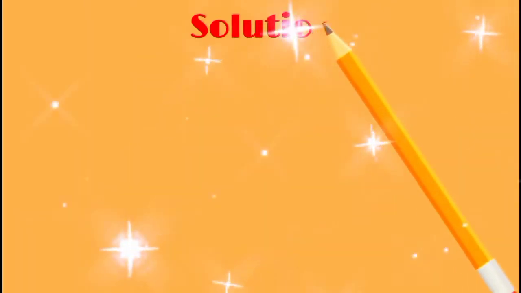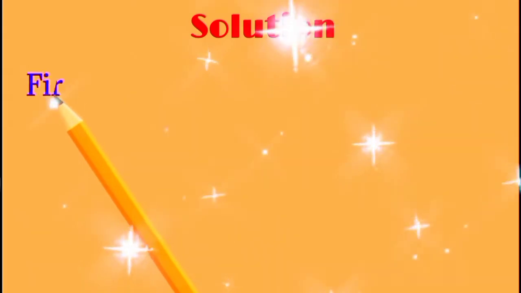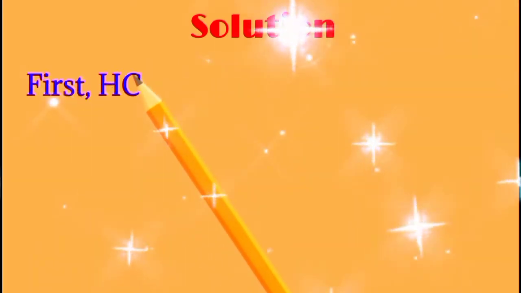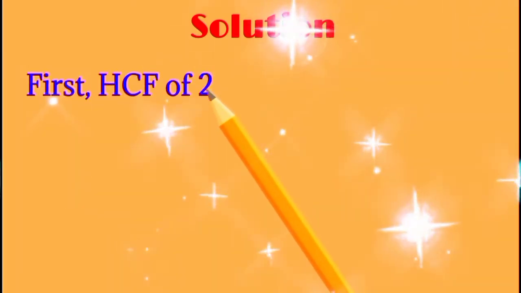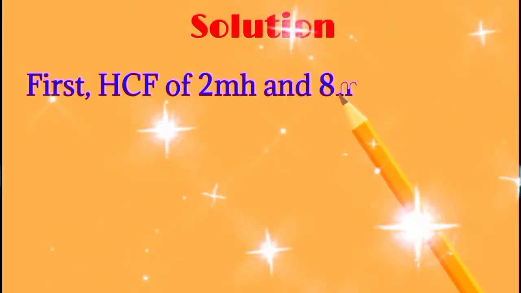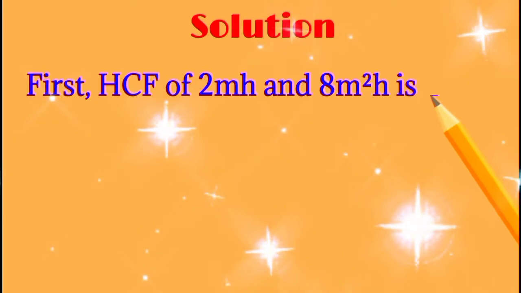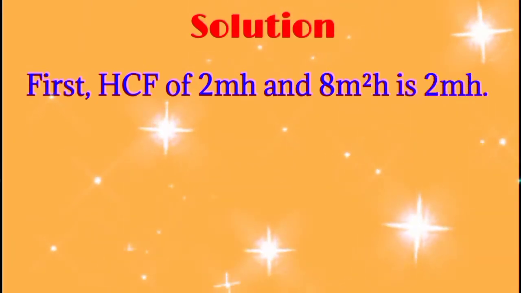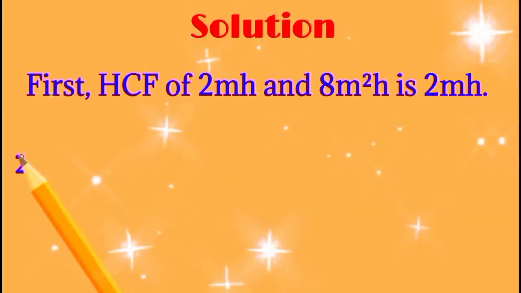So how do we go about this? The first thing you need to do is to find the HCF of the terms in the given expression. So you're going to look for the HCF of 2mh and 8m squared h. And if you do that rightly, you will discover that the HCF is 2mh.